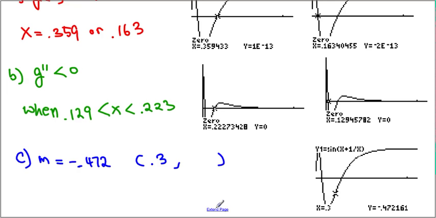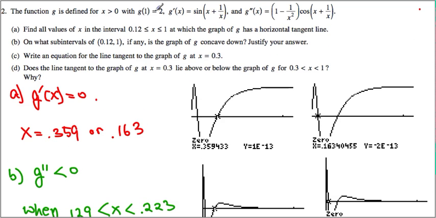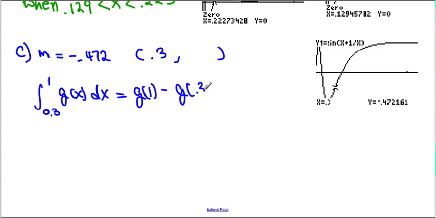Alright, how about the y value? Y value, we can actually figure them out quite easily. If you get the integral, we're looking at the values from, I guess, 1, and then another value that we are looking at is 0.3. So in fact, the integral from 0.3 to 1 of g prime of x dx would have given us the value of g of 1 minus g of 0.3.